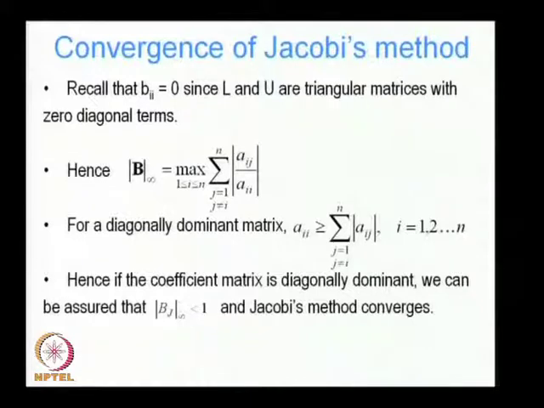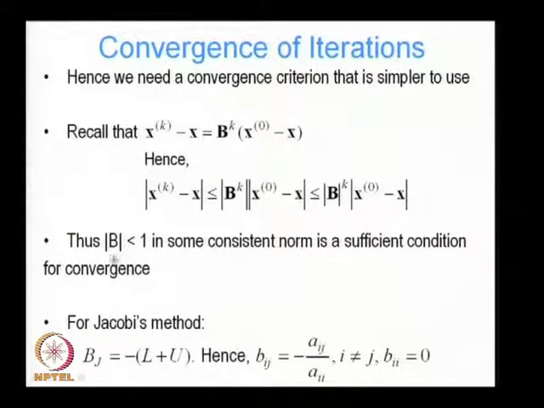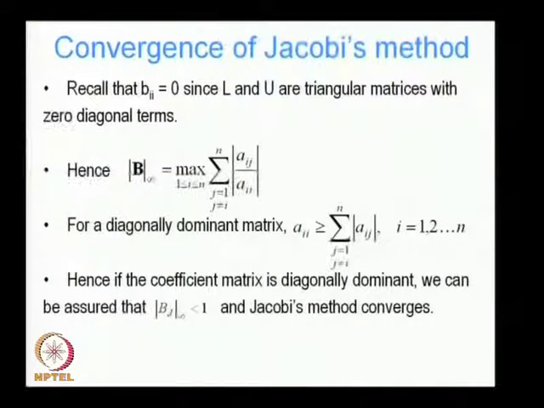So, we are guaranteed that this Bj infinity is going to be less than 1. And since Bj infinity is less than 1, what was our sufficient condition? Our sufficient condition was that mod of B must be less than 1 in some norm, and we have shown that in the infinity norm Bj is less than 1. So, that means that my Jacobi method is going to converge as I increase the number of iterations.